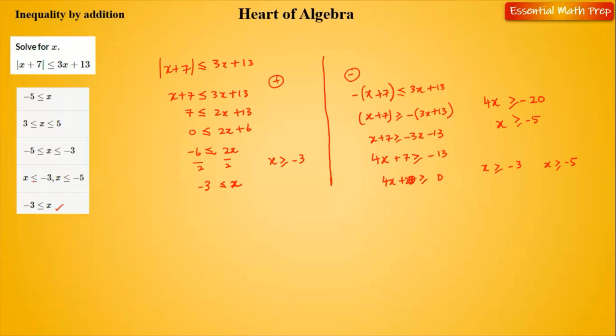Here, x is actually less than or equal to negative 3. x is less than or equal to negative 5. So this is incorrect. x is greater than or equal to negative 5, which is fine, but x cannot be less than or equal to negative 3, right? Because x is greater than or equal to negative 3. So this won't work. This obviously won't work for the signs. x is greater than or equal to negative 5.